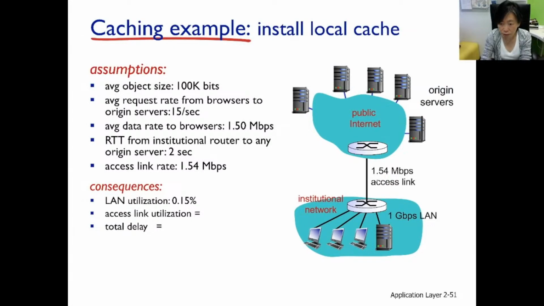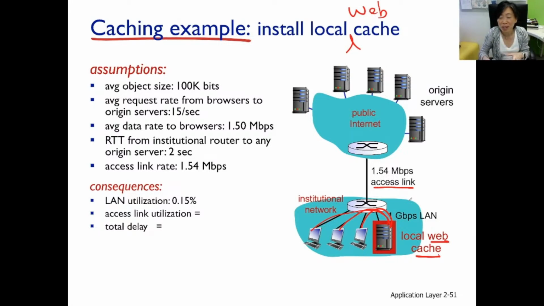In scenario 3, instead of blowing up the access link, let's install a web cache here. I'm calling it the local web cache because we are very close to the clients. So that you are not confused with the local cache we've talked about in conditional GET, which is very, very local, on the hard disk of the user.